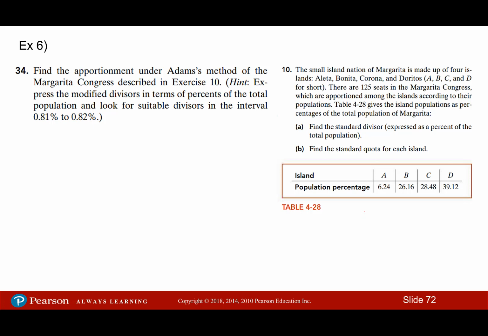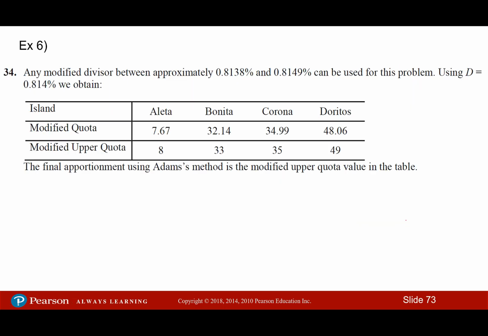So on your calculator, have a calculator handy. 6.24, you divide that by 0.814 as your divisor. And punching that in, you should get 7.67.